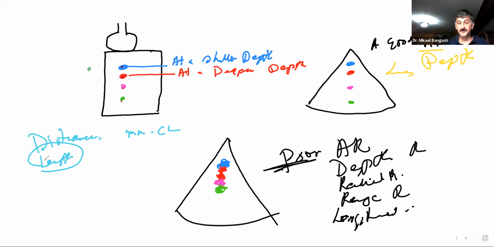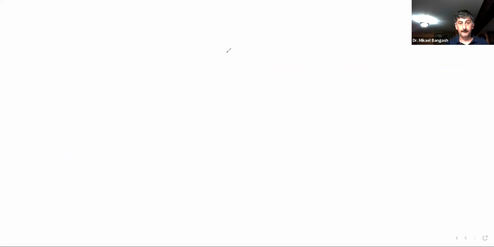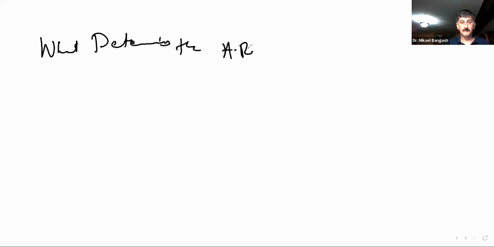Now comes the real stuff, because what determines the axial resolution? Girls, please just keep in mind, when I write AR, that's just my short form for axial resolution.